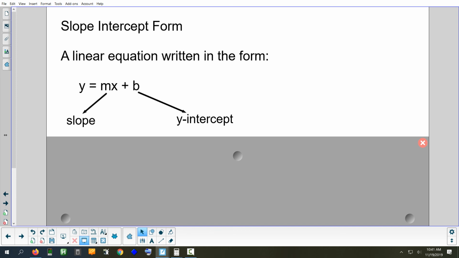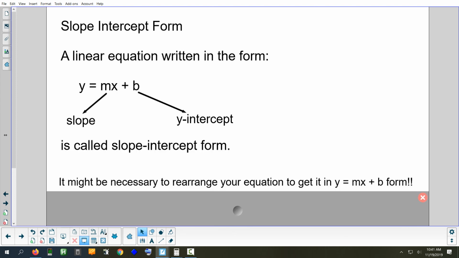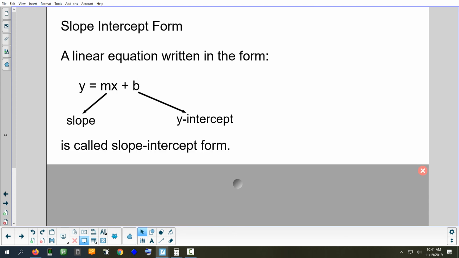When you write it, try to make sure that the m is pointing to slope and b is pointing to y-intercept. So that is called slope-intercept form. I think it already says it above the box, so you don't need to write it again. But just copy down y equals mx plus b.